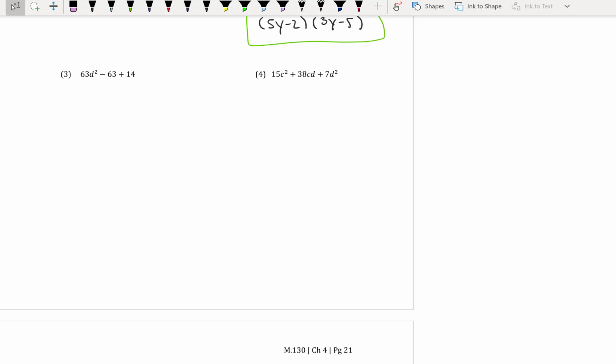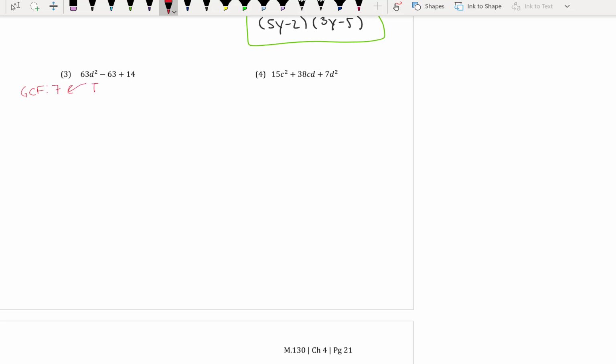So here at number 3, I'm looking at 63d squared minus 63 plus 14. So what I'm seeing here is I see 63. Can 63 be divided by 7? Yes. Can 14 be divided by 7? Yes. So here we are actually going to have our greatest common factor of 7.